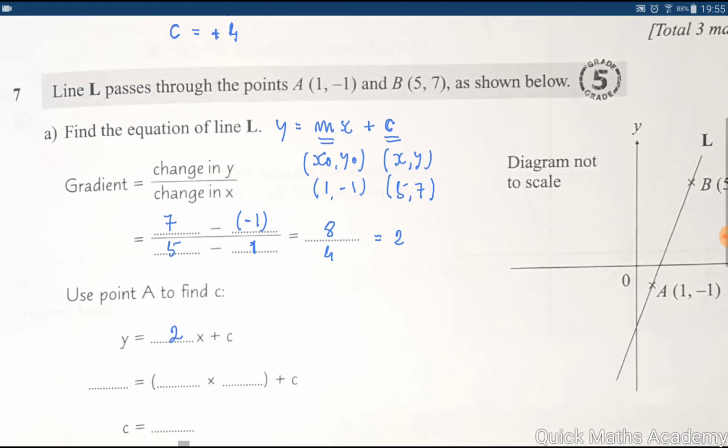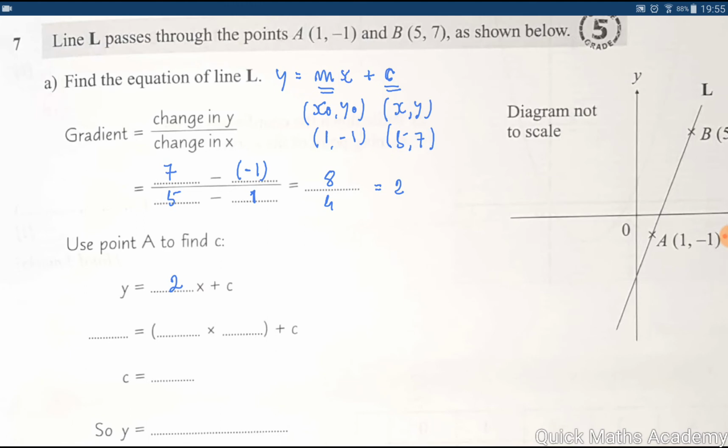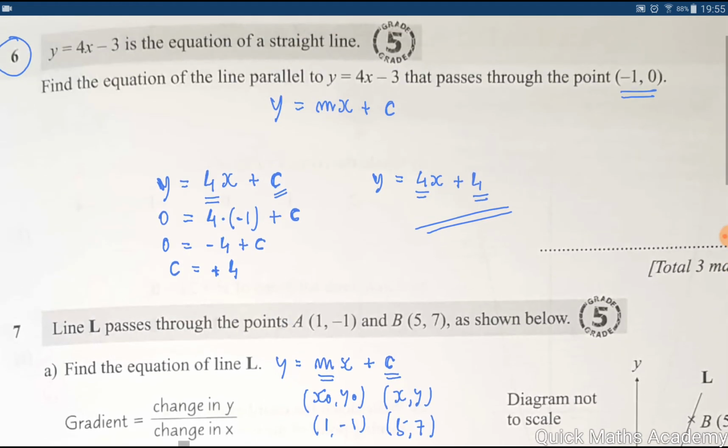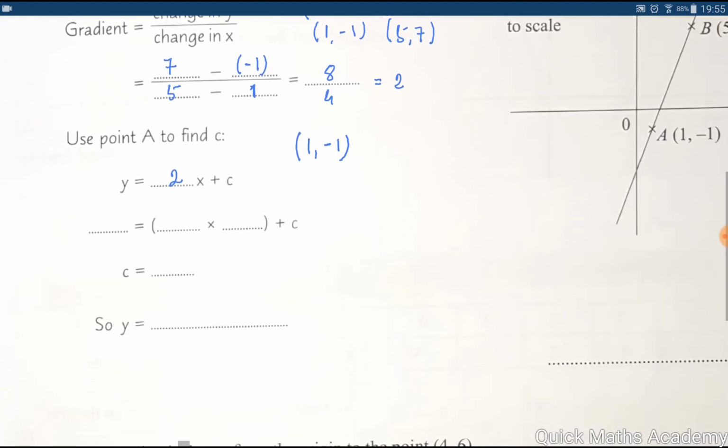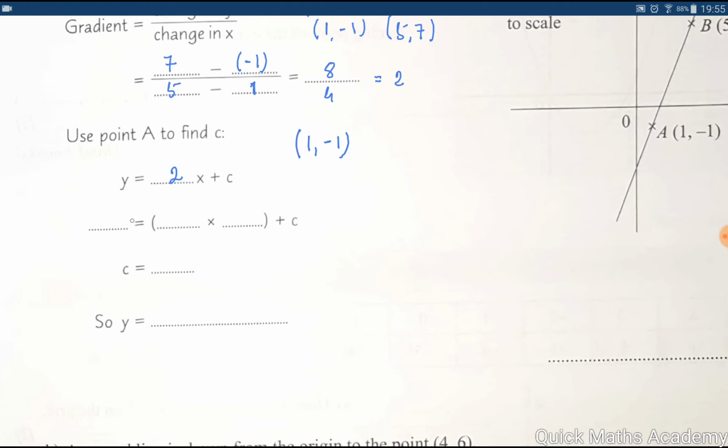And now they want me to use the point A, which is the point (1, -1), to find out c. It's very similar to what we did in the first exercise. So what we do is we replace the y by minus 1, because this is a coordinate (x, y).